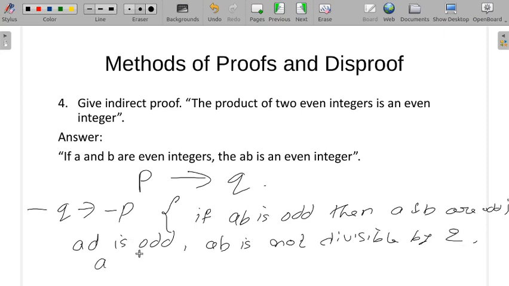Remember that the product of odd integers is an odd integer, right? So if ab is not divisible by 2, then a is not divisible by 2 and also b is not divisible by 2.